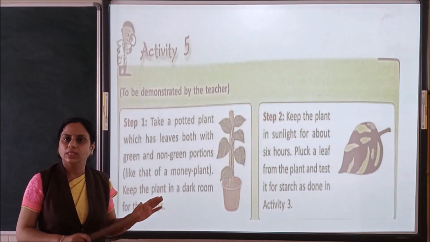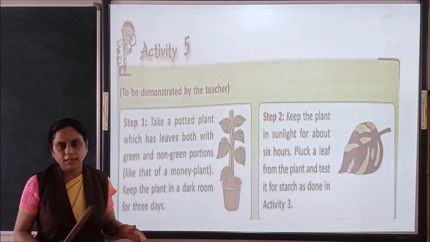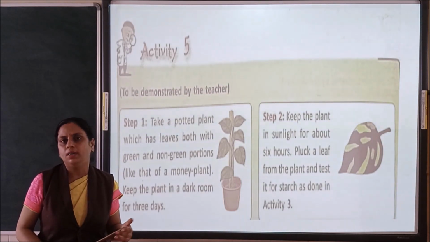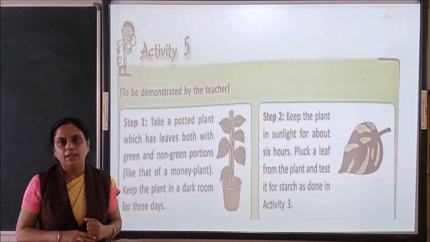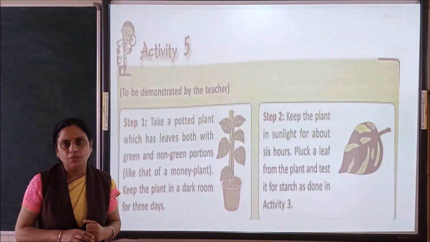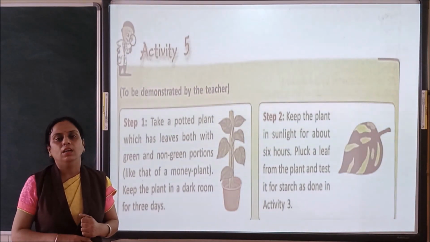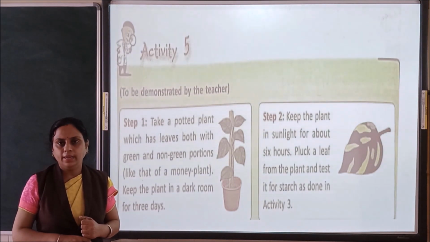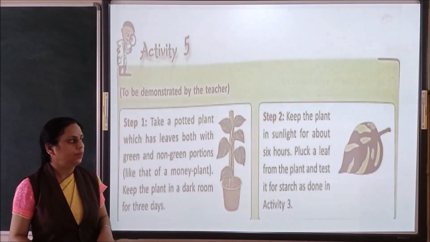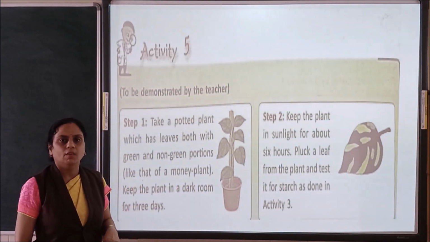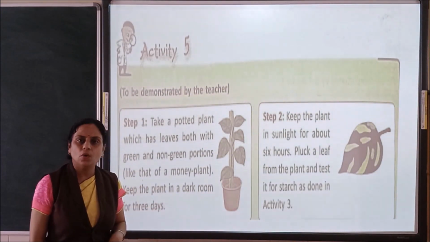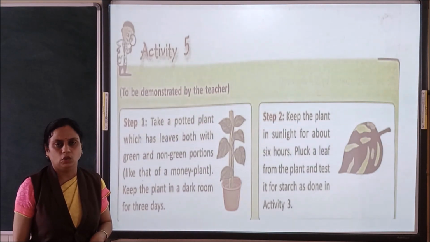And then again in sunlight for 6 hours, and then pluck the leaf, first boil it in water, then in alcohol, and after the green color is removed, wash it in cold water and then place the leaf on the watch glass and add a few drops of iodine solution.